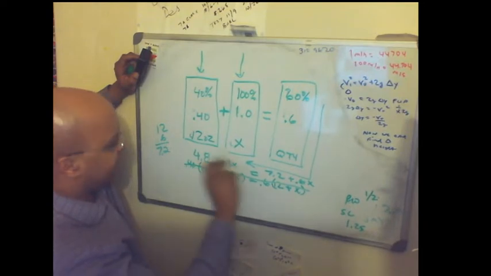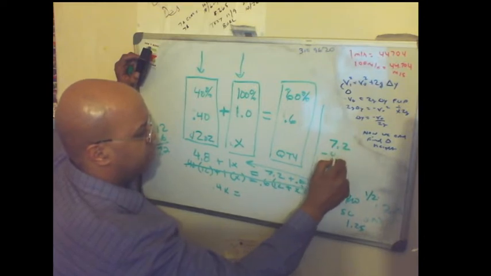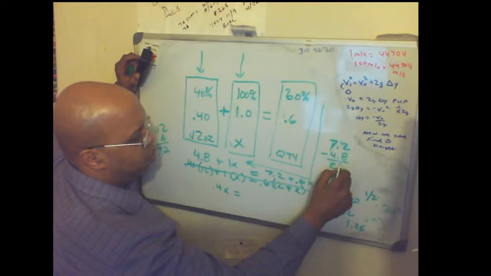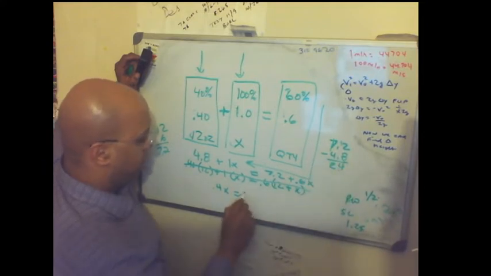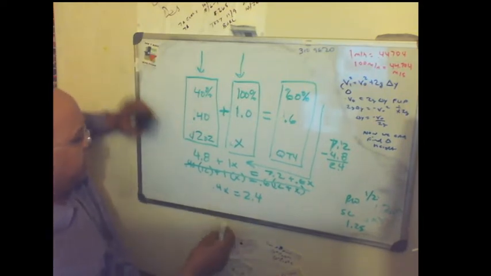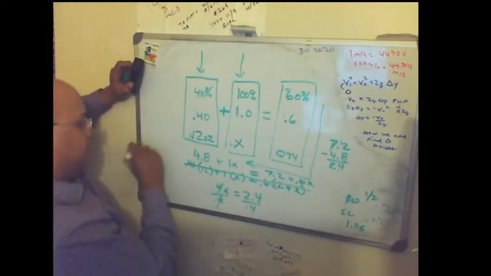The 4.8 is going to jump to that side, and 7.2 minus 4.8 is going to be 2.4. Now what we need to do is solve for x by dividing by 0.4 on both sides. This one cancels out.